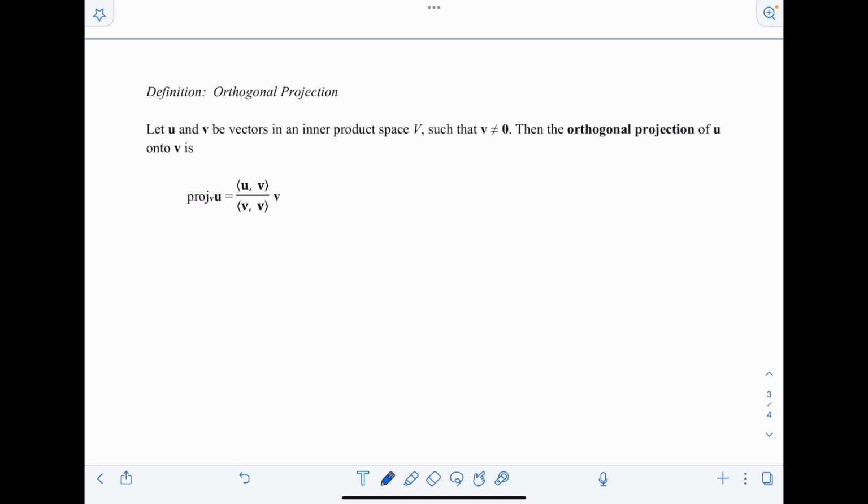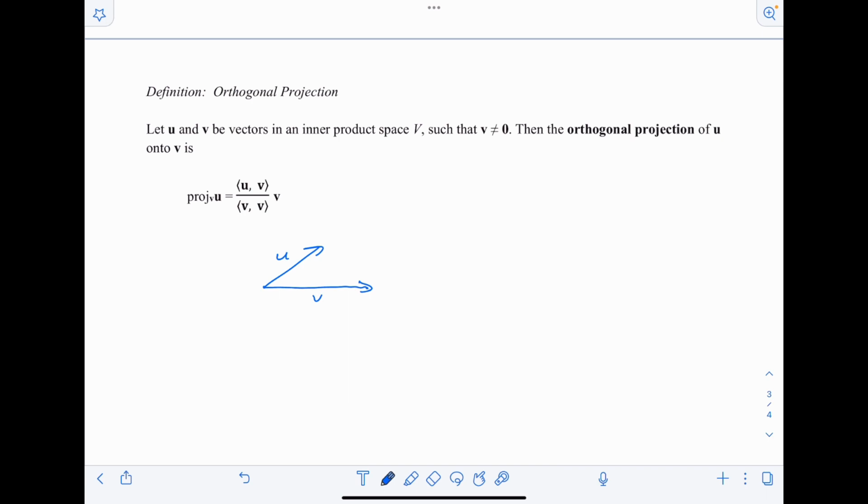So basically what this is saying is we've got a vector u, and we've got another vector v. Now, v does not have to be horizontal. It's just going to be easier to draw and show what's going on here. Basically, if I want to find the orthogonal projection of u onto v, I'm taking this vector u, and imagine almost like casting a shadow onto v.